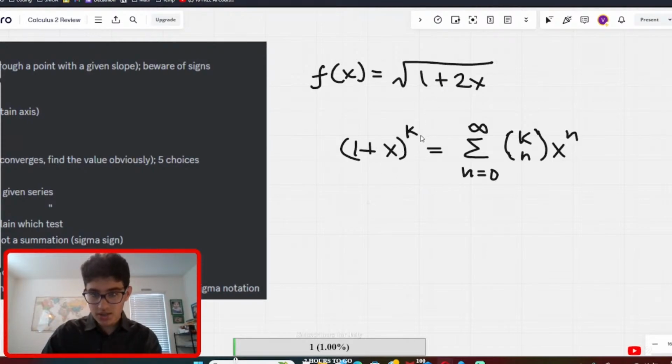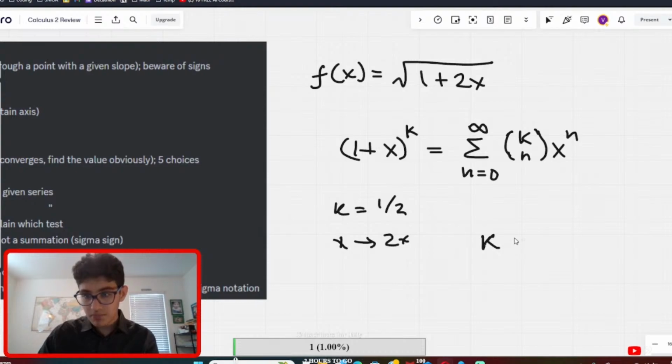Over here, x becomes 2x, and k becomes 1/2. If you look at the first few values: if you put in 0, this becomes just 1, because k choose 0 is 1. Plus, if you put in 1, you get kx.